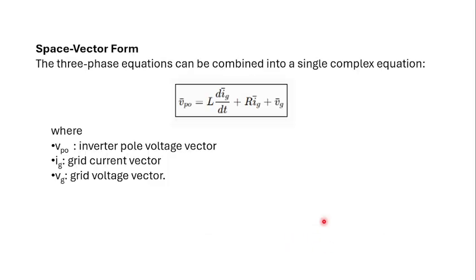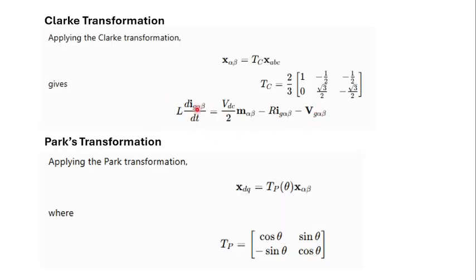This is converted to alpha beta frame equations, where IG alpha beta we have to write as the individual equations like this: L di alpha by dt, di beta by dt. Actually this is something like a column matrix. So this is also a column matrix with M alpha and beta, IG alpha, IG beta, and VG alpha, VG beta.